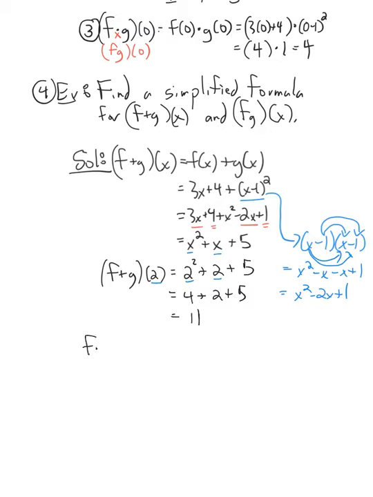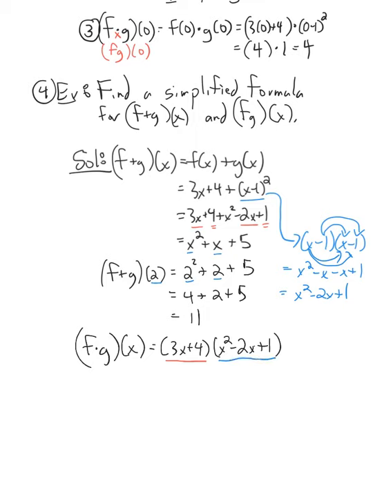So let's do f times g now. So this is 3x plus 4 times x squared minus 2x plus 1. So this is f of x. This is g of x.